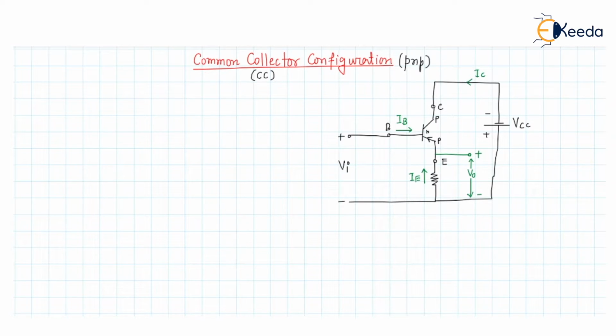Now let us see what are the input parameters that we have right now. The input parameters in this CC configuration are the input current, that is IB, and the input voltage, that is VB.